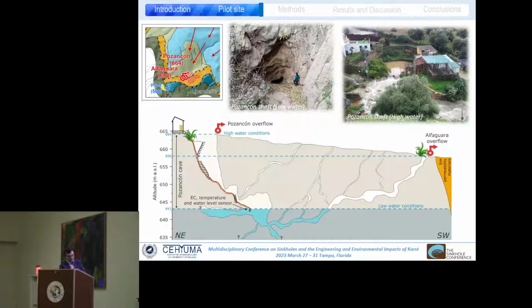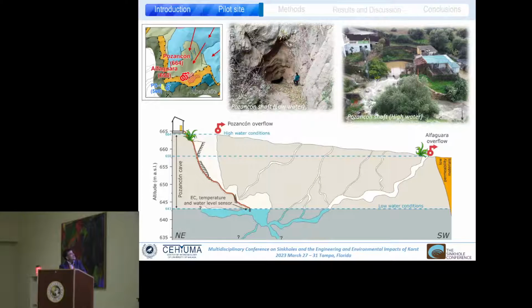Well, this is a hydrological sketch. You can see this is the location in the area. This is the shaft in low water condition, and this is in the very high water condition. And this is one sketch. You can see how the water table in low water is normally around 643 meters above sea level.